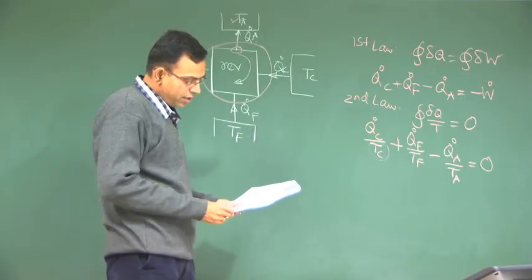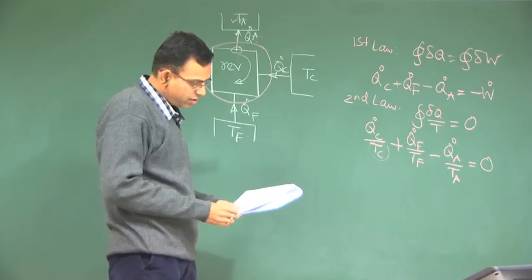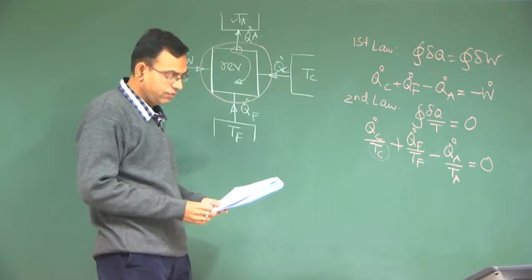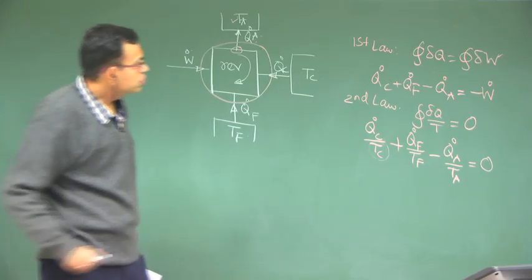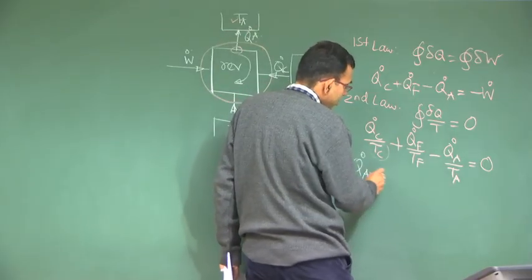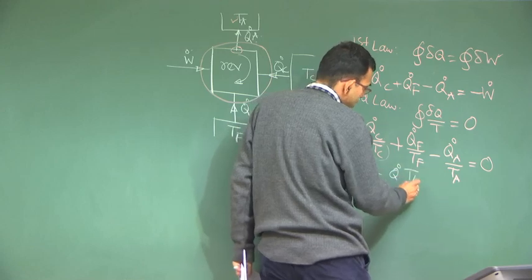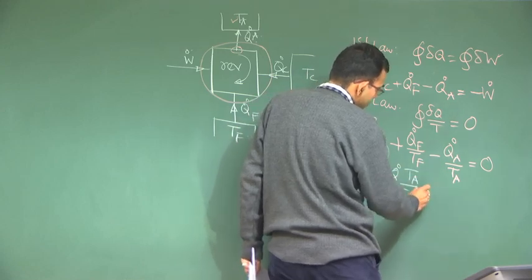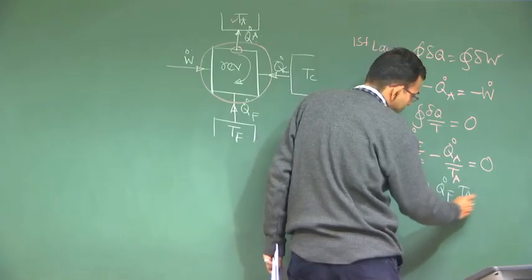Q dot F and Q dot C are given, but Q dot A is not given. So, let us eliminate Q dot A. From here you can write Q dot A equals Q dot C into Ta by Tc plus Q dot F into Ta by Tf.